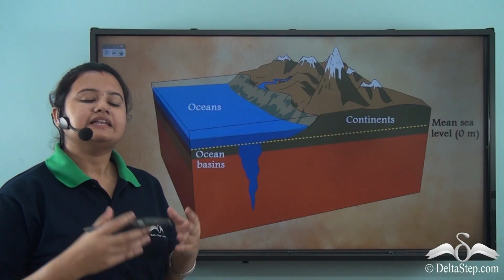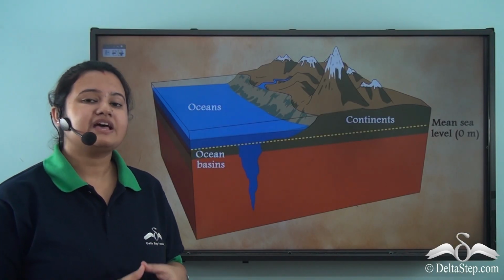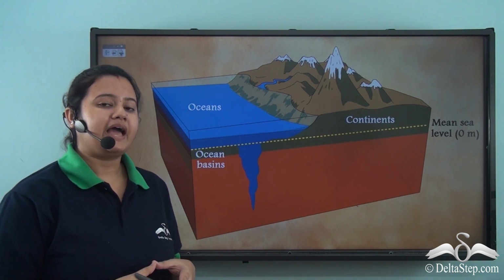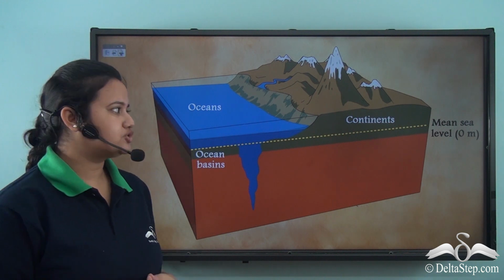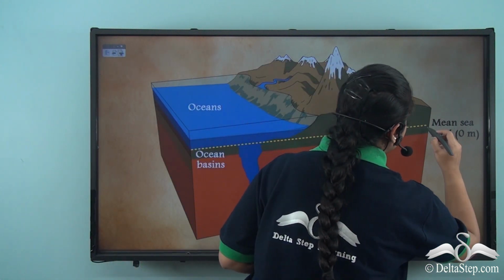So we learned that the elevation of land masses varies throughout the earth, and this altitude or elevation is measured with respect to the sea level or the mean sea level.